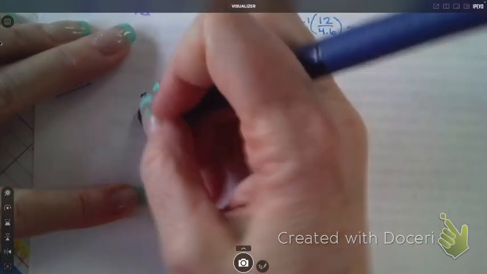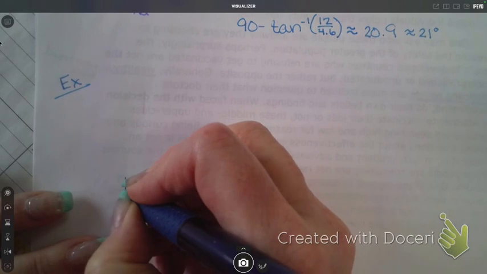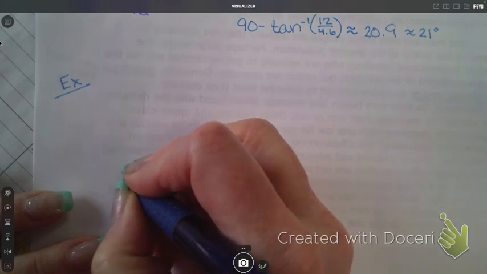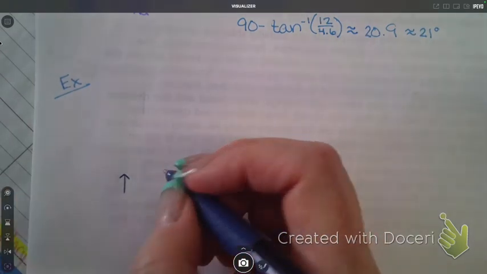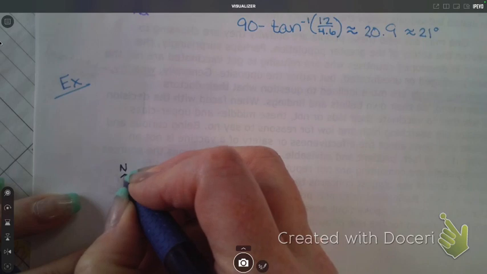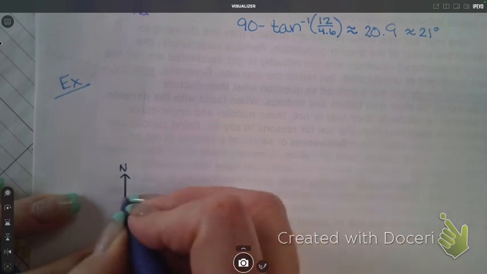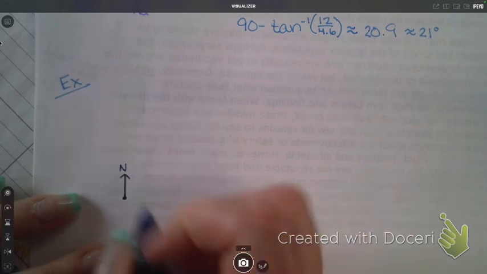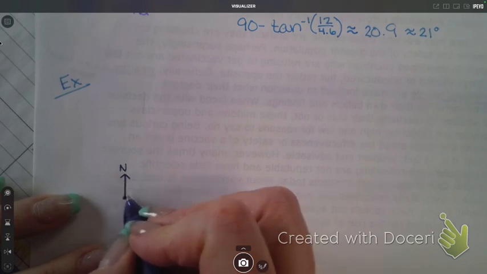Actually, probably don't want to start at the top of my problems. Probably want to start in the middle or on the bottom, because I'm going north, so I'm going up. You'll learn this if you're doing more. So I'm starting at this imaginary origin right here, and I'm going north and then east. So is that left or right? Right. And it's 52, so that's over halfway.